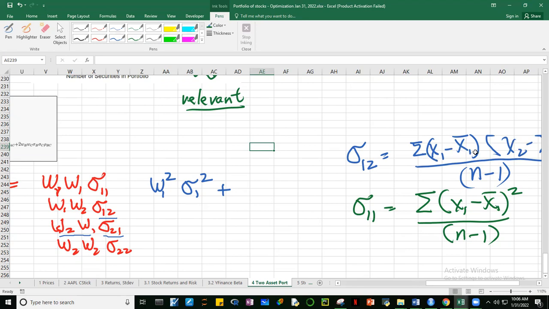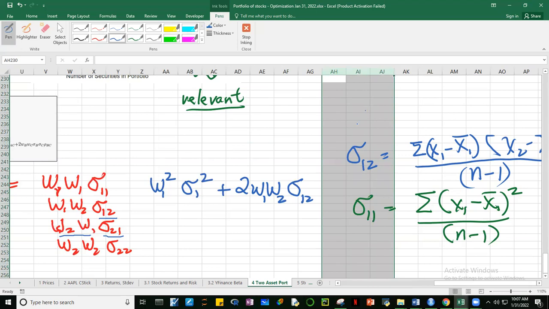Yung factors nito. So, we can just write this as plus W1, W2, covariance 1, 2, W2, W1, covariance 2, 1. We can just add it. No? Magiging 2, W1, W2, then covariance 1, 2.